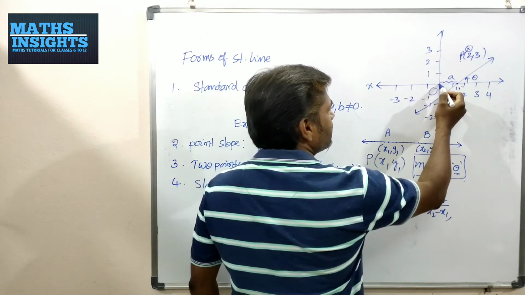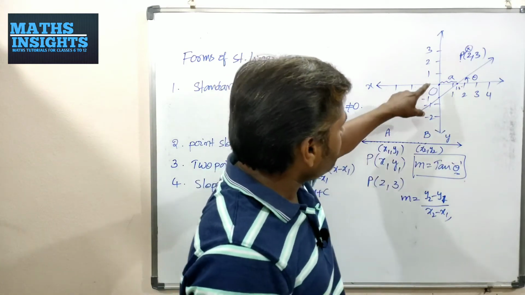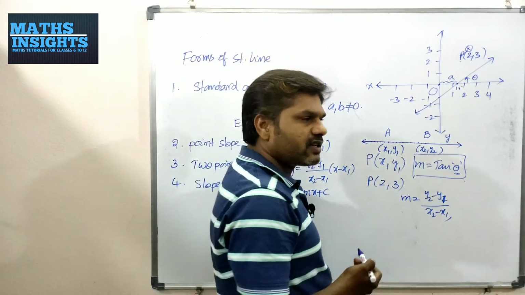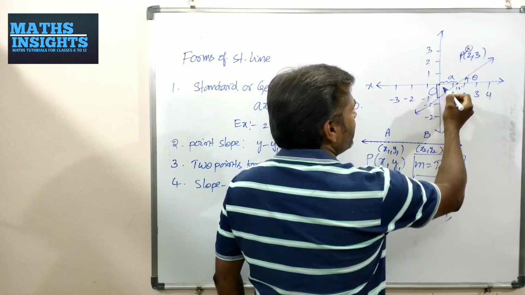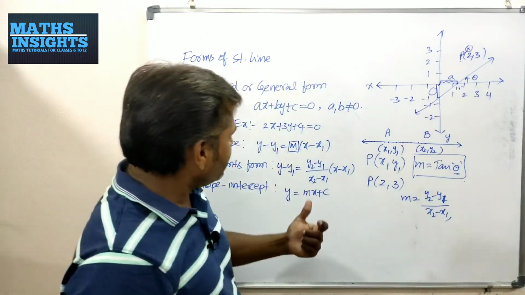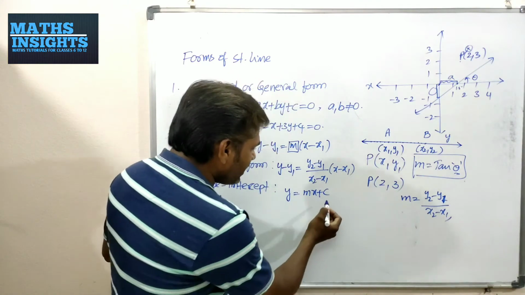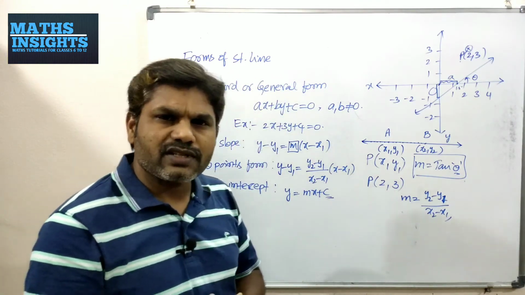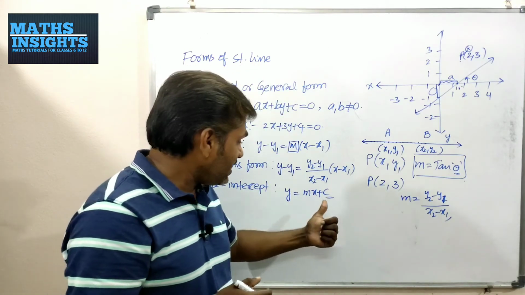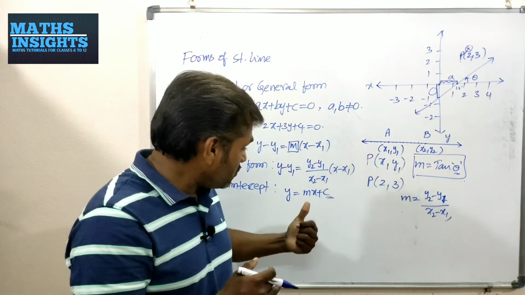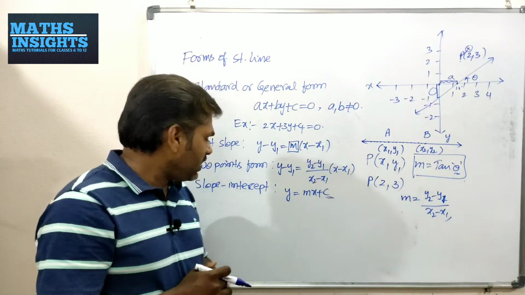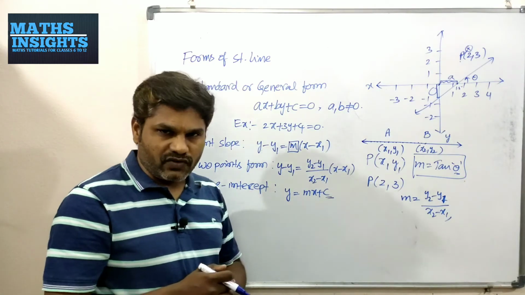And this distance from origin to the point where the line is intersecting is called y intercept. When y intercept and slope are given, where here c represents y intercept and m represents slope, if you substitute those values here, definitely that will become the equation of the line in slope intercept form.